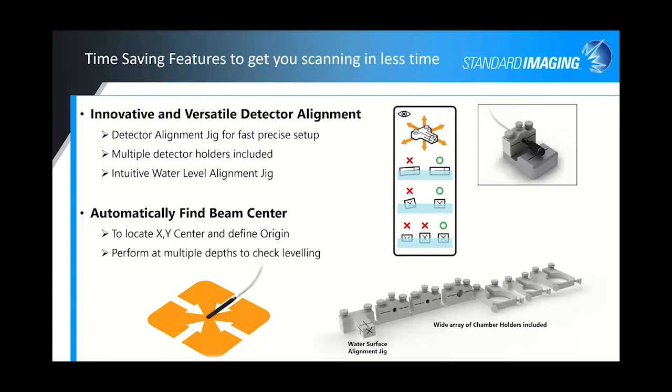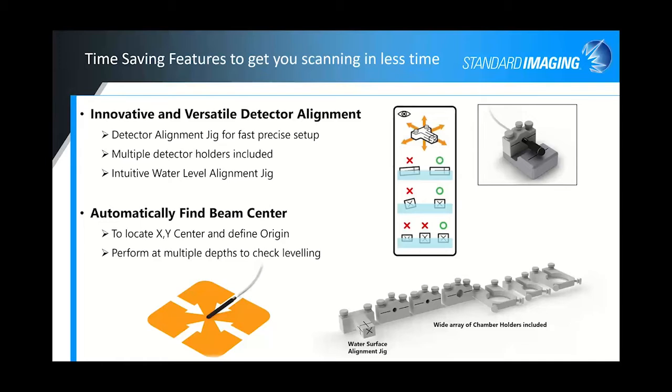It's a visual system that gives you the ability to easily check your probe position to the water level, and any distortions in that crosshair or the X will indicate to you that the chamber will not be in the correct position. But once you can see, as you have the levels set, noted there by the green circles on the drawing, you have that position set.